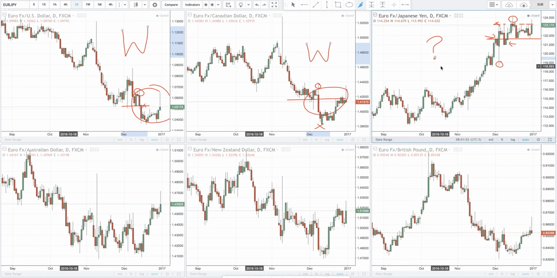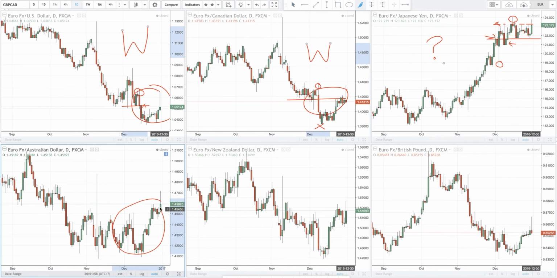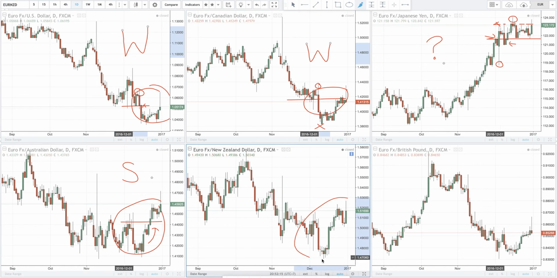This is neutral. Euro Aussie, if I focus on just this much area here, looks like we're in an upward movement. That says Euro strong. On Euro New Zealand here, if I focus on just this much area, same thing.